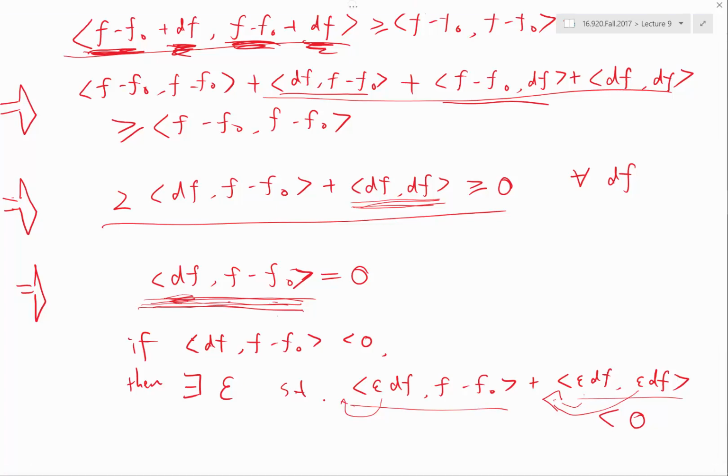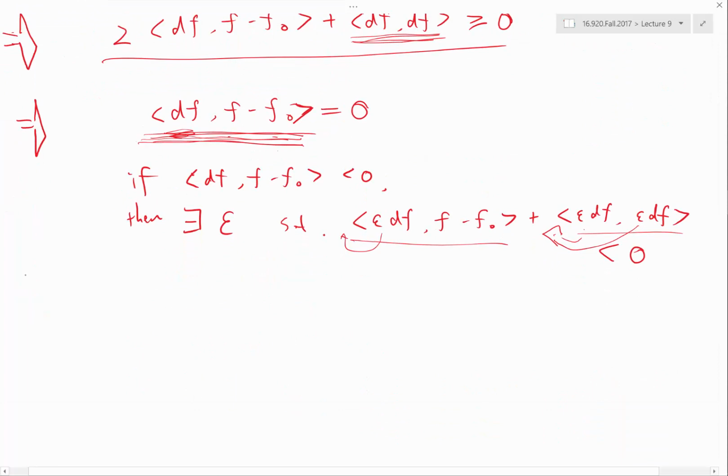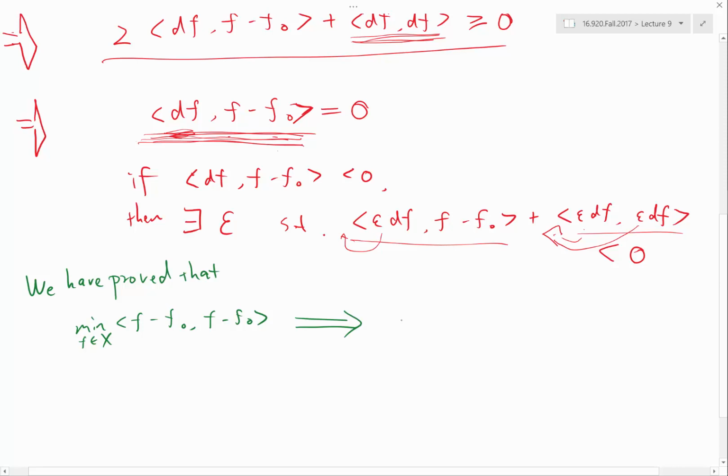So we have proven that f minimizing the norm of f minus f0 implies that for any df in x, the inner product of df and f minus f0 has to be 0. Any questions on this?